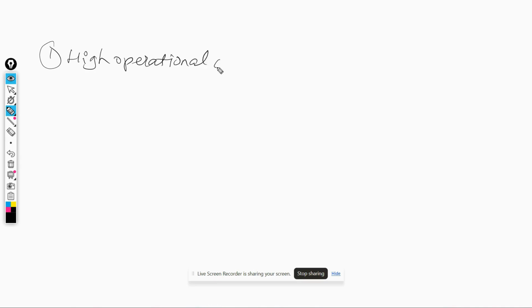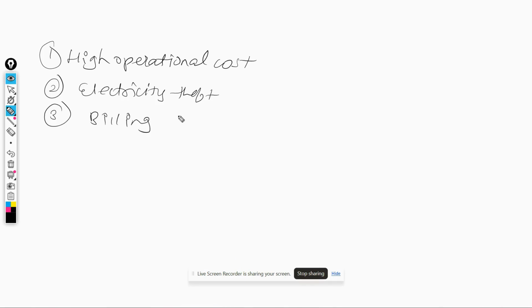Second, electricity theft. Third, billing inaccuracies.